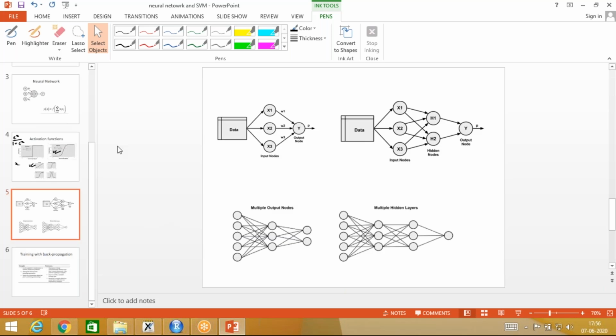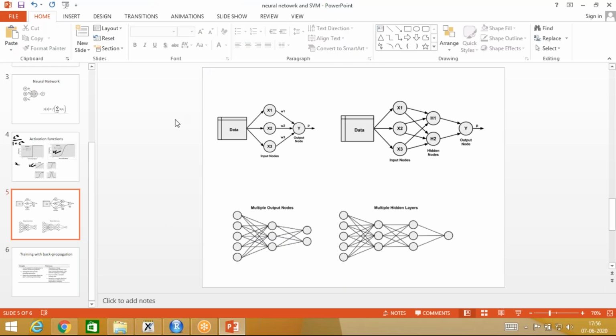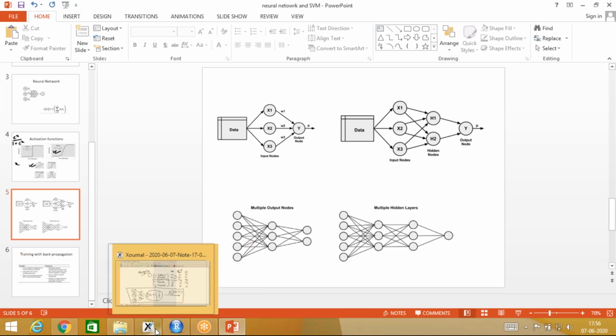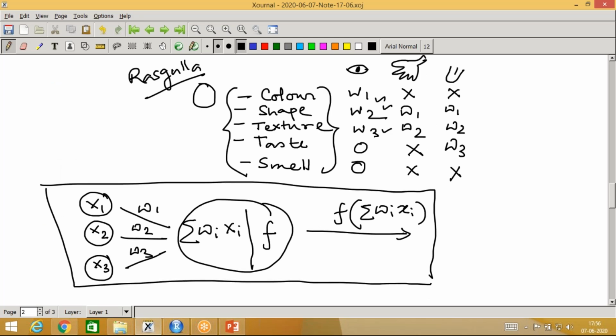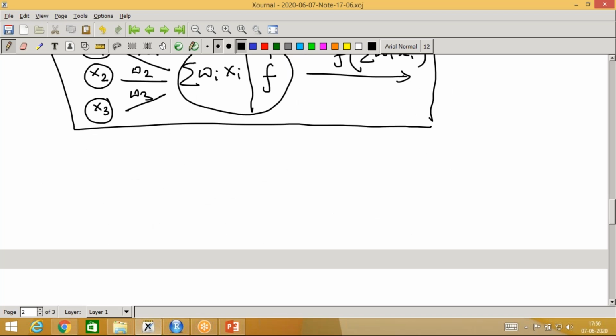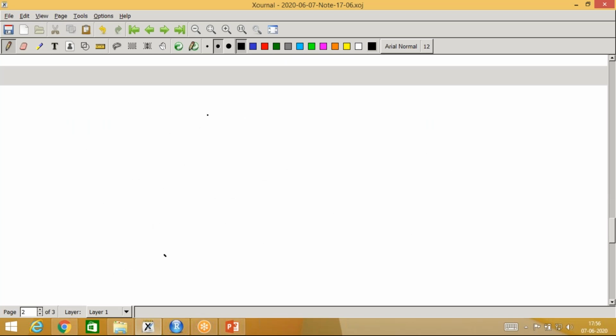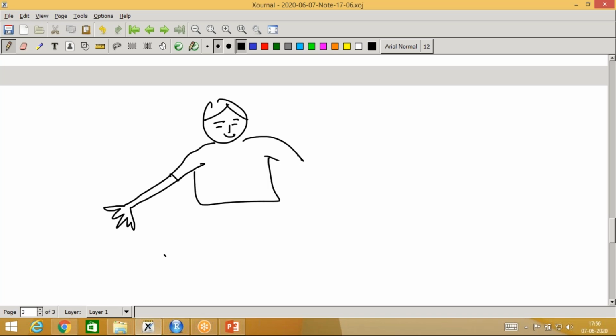The whole network that I have just told you about is only one neuron. But the neural network can be of different types and different shapes. Even in our body, let's say this is me, and this is my hand, and there is some object here.